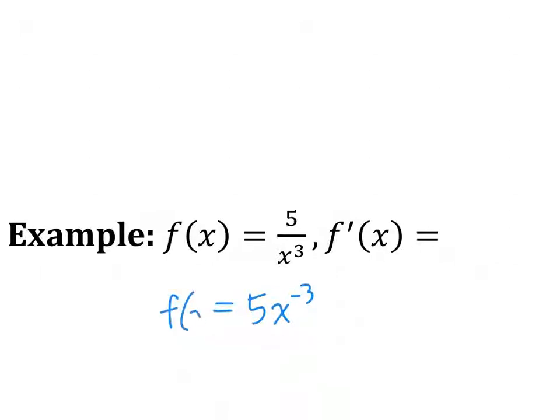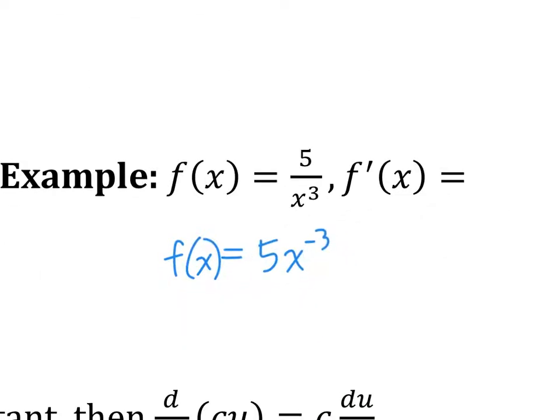All right, so now when you take the derivative it's the same idea. You take the power, put it in the front. It's always going to multiply by whatever was already in there as a coefficient. So the derivative is going to be 5 times negative 3, so that is negative 15. x to the what? Remember, you subtract 1. Yes, negative 4.